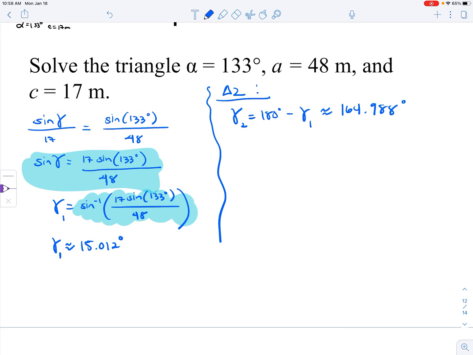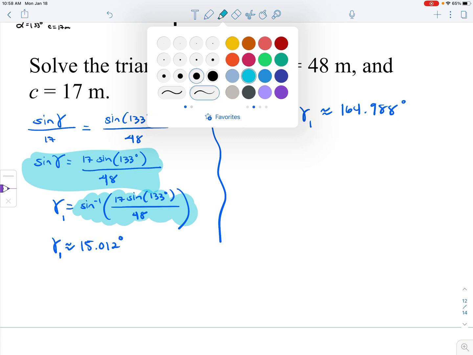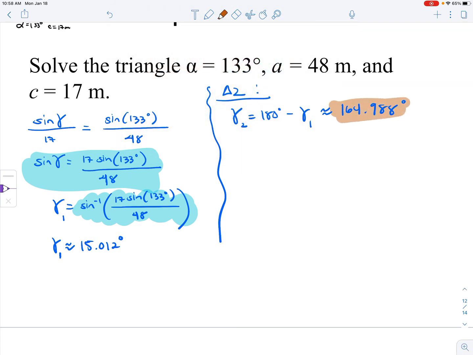Now here's why you don't need to worry about there being a second triangle when you're given an obtuse angle for the triangle. Is 164.988 degrees plus 133 degrees, well, that's greater than 180 degrees. Therefore, that's not a possible triangle.